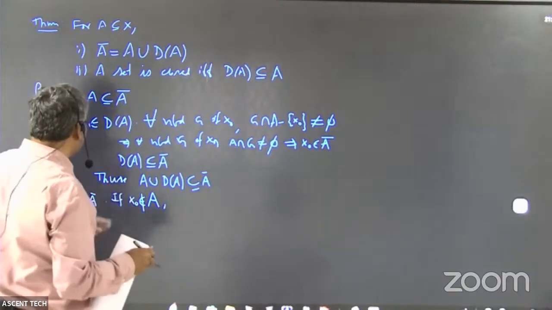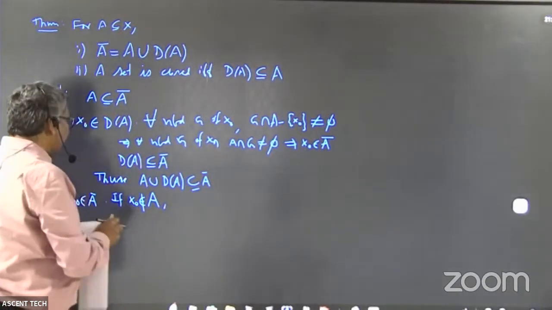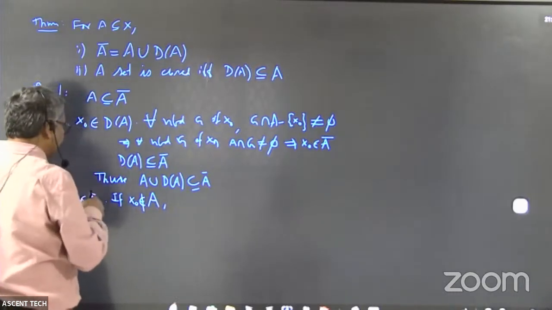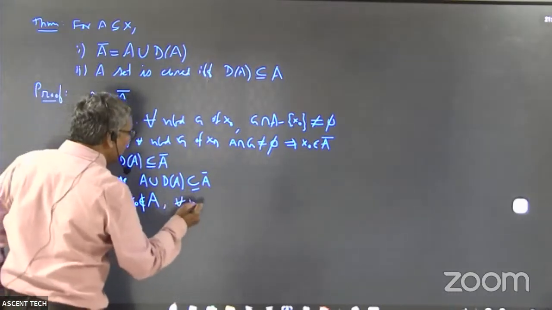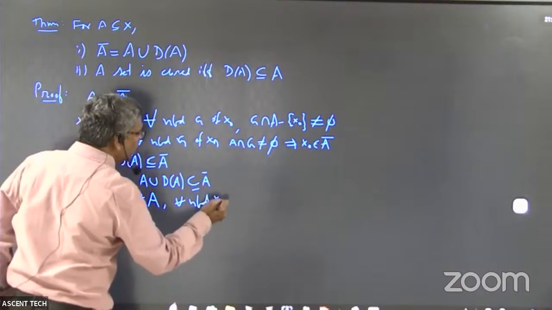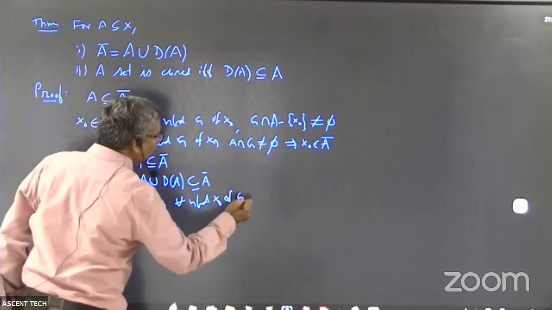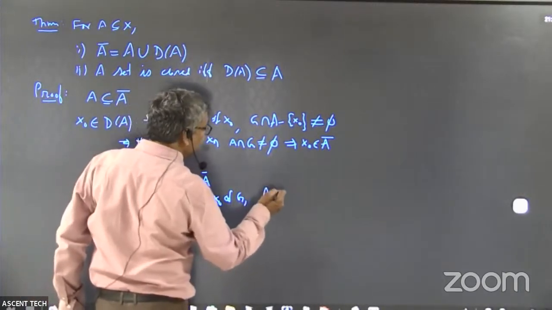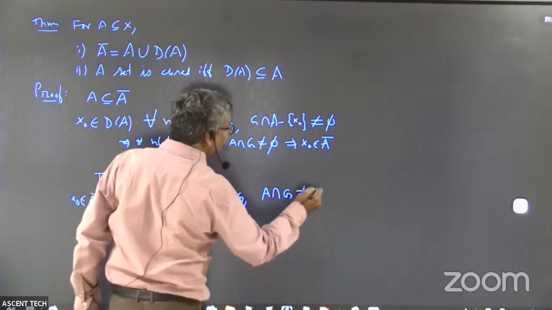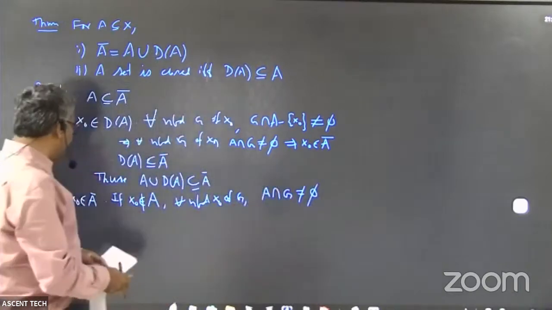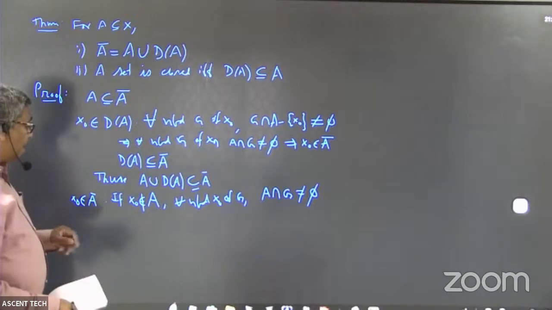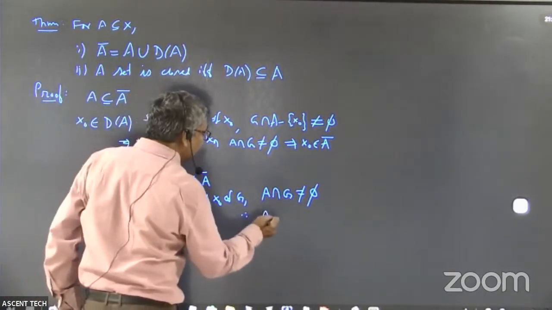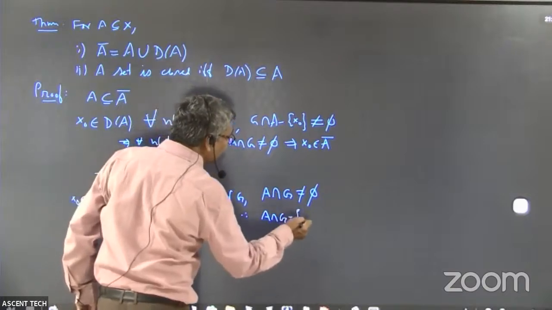Well, suppose X naught is not in A. To start with, because X naught is in A bar, for every neighborhood G of X naught, A intersection G is non-empty. That is coming from X naught being in the closure. But X naught is not in A. Therefore, A intersection G minus X naught, what is there to remove?